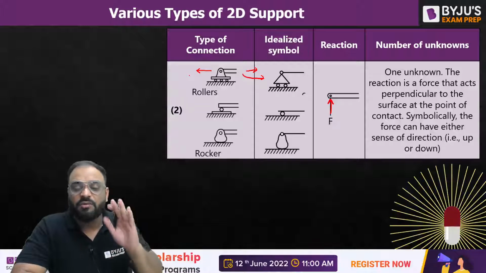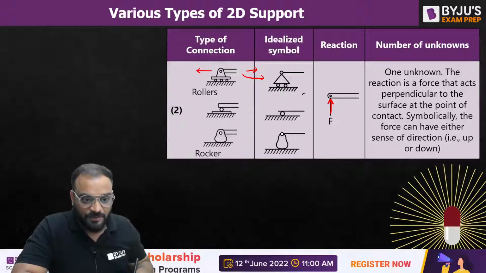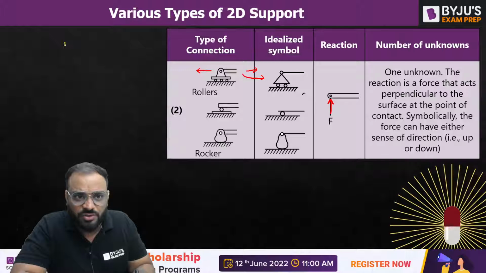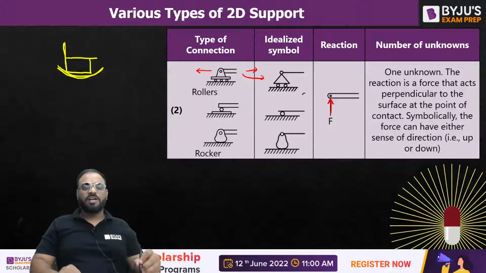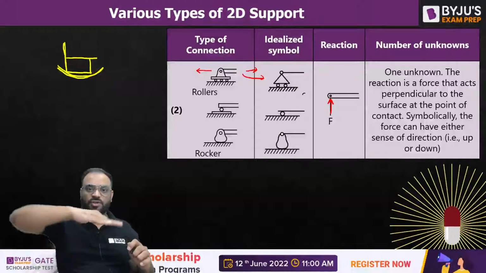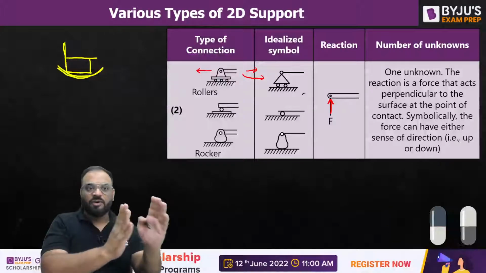But in case of rocker support, what will happen? Let me show you so that you can understand. I think all of you have seen a rocker chair available in the market generally. Let me show you that also. This is basically a rocker chair. Like this, right? Now if you tilt it a little bit, what will happen? You may have a little bit of horizontal displacement, or you can say that there is a limitation in horizontal displacement.